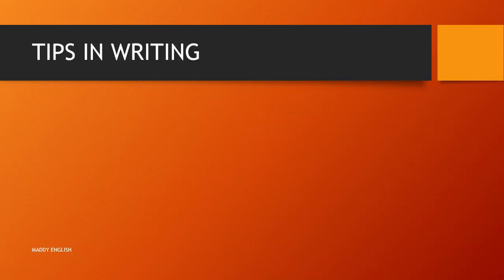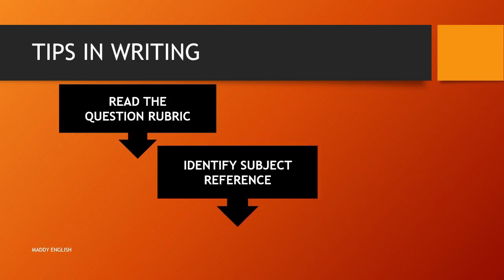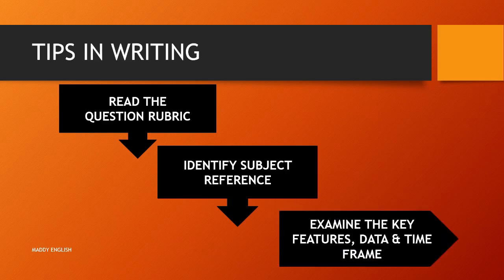Last but not least, I would like to give you some more reminders on your writing. Read the question rubric first. This is for you to identify the subject reference. When you get the subject reference correct, make sure that you also examine the key feature, data, and time frame correctly. This will ensure you do not make inaccuracy in your writing.